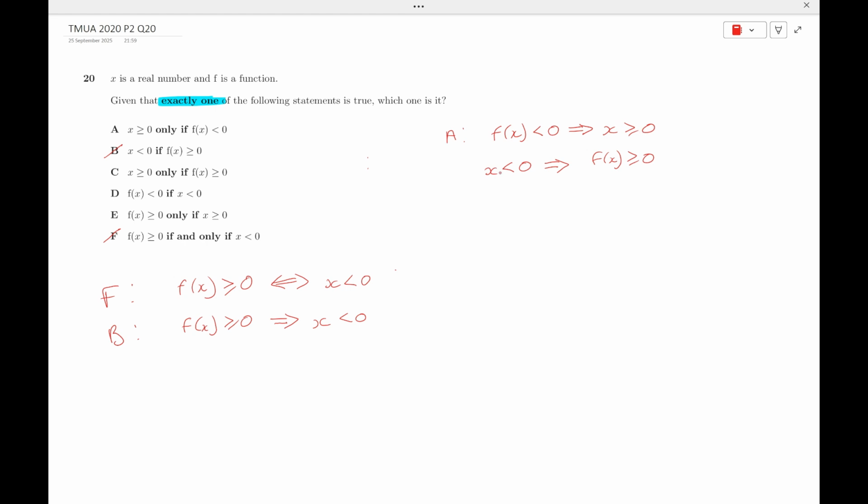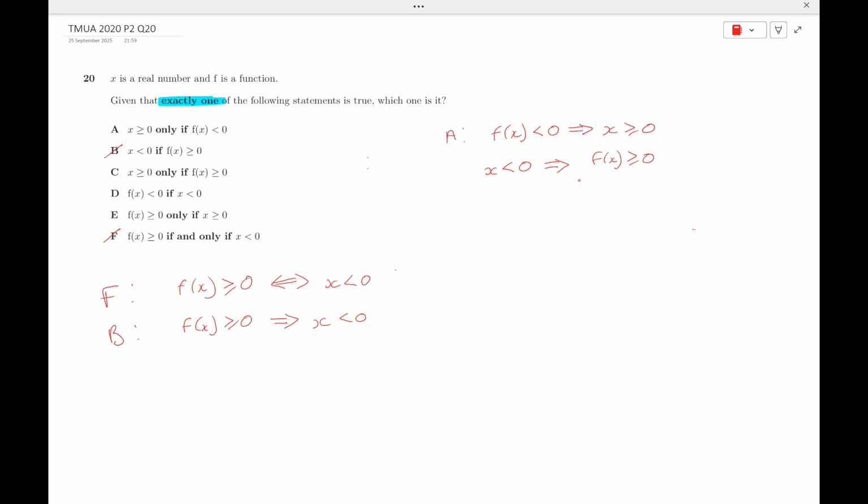Therefore, the only way x could be less than 0 is if f of x was greater than or equal to 0. And we can see that that is also part of F.